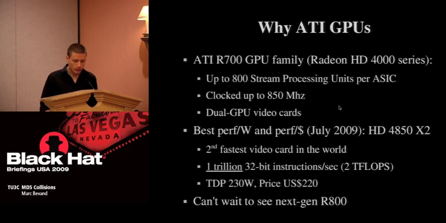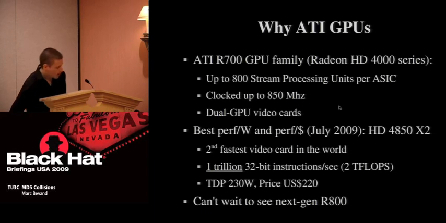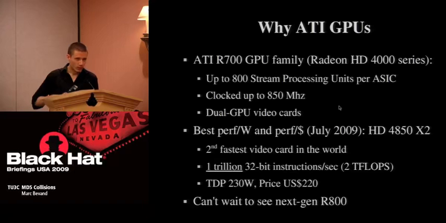Now, if you look at the technical characteristics of ATI cards, you will notice that the one providing the best performance per dollar or performance per watt ratio is the ATI Radeon HD 4850 X2. I have one with me right there. This is what it looks like. Standard dual slot PCI Express video card.